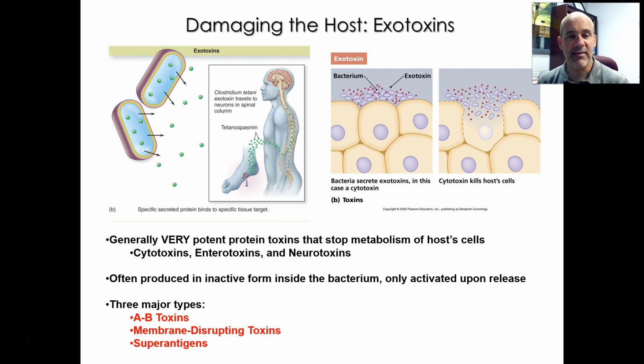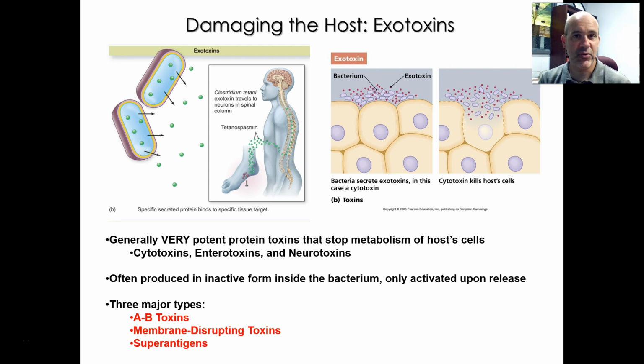And basically what it does is it prevents skeletal muscle fibers or muscle cells from relaxing. So they wind up being locked into a contracted state, a state of tetany. Maybe you remember that term from Biology 201 as well. The symptoms generally first appear in the smaller facial muscles, and so that's where the name lockjaw comes from.